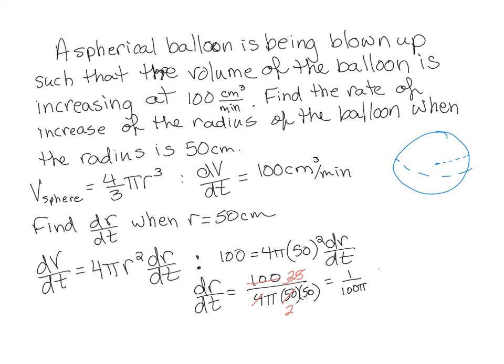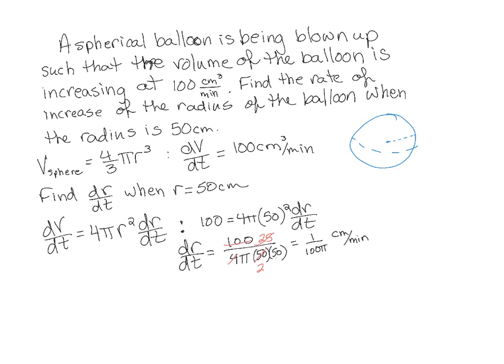That is a very tiny number, right? So, you know what we're going to do? We're going to try it again with a different value. What about when the radius is smaller? What about when the radius is only 10 centimeters?